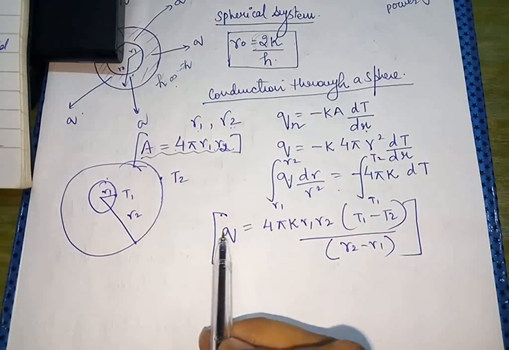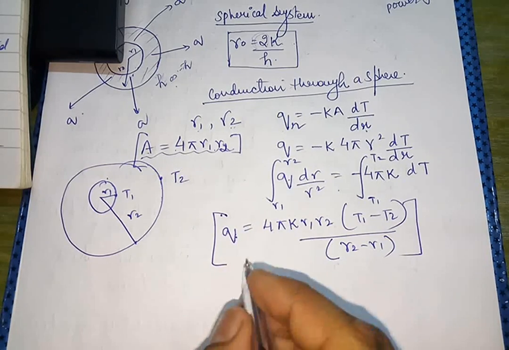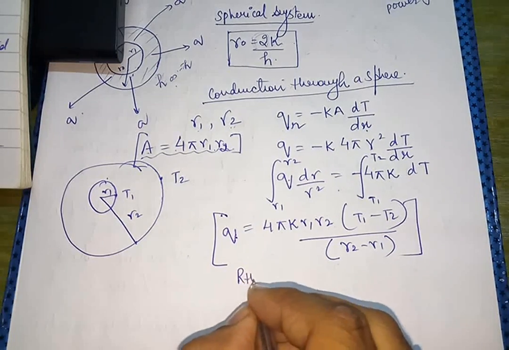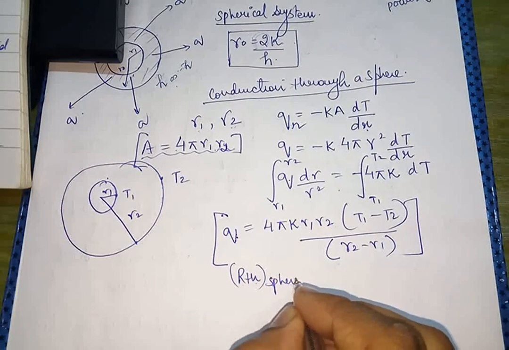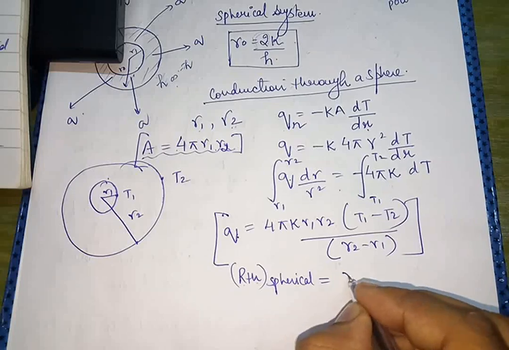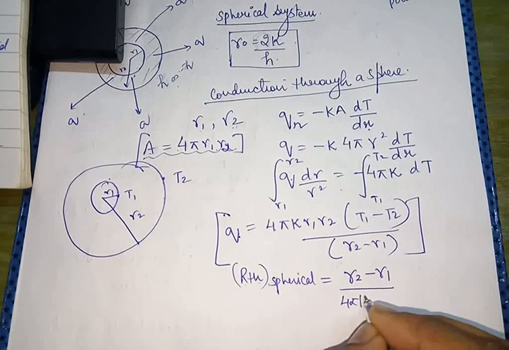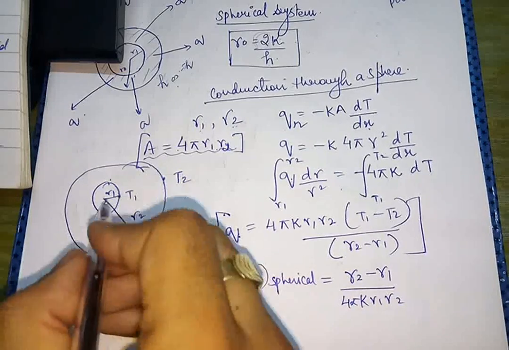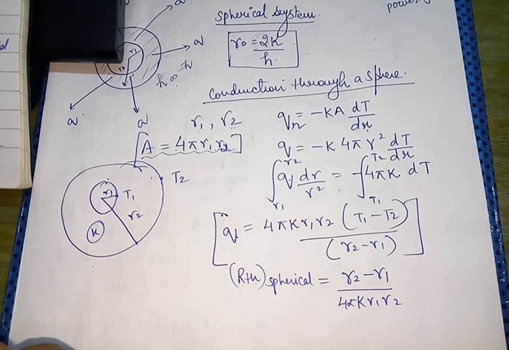Now if we compare this formula with the conduction in case of slab, we will obtain that the thermal resistance in case of spherical system is equal to (R2 minus R1) upon 4 pi k R1 R2, where K is the thermal conductivity of the material used to make this sphere.